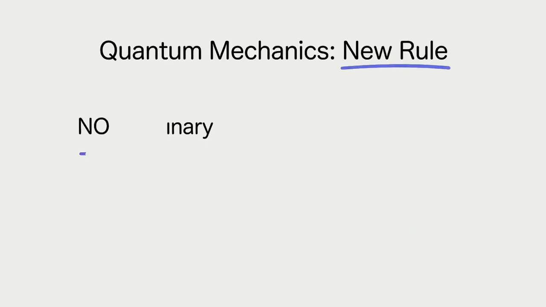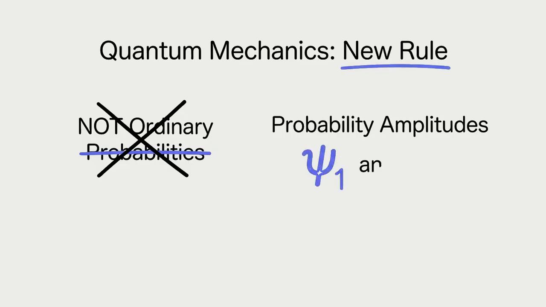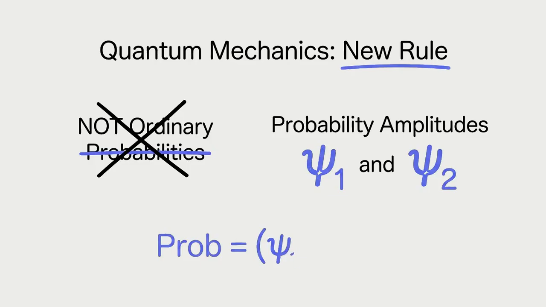You don't assign ordinary probabilities to "went through slit 1" or "went through slit 2." Instead, you assign probability amplitudes. Call them psi1 and psi2. If there is no way, even in principle, to know which slit the particle took, the rule is simple but strange. You add the amplitudes first, then square the result.